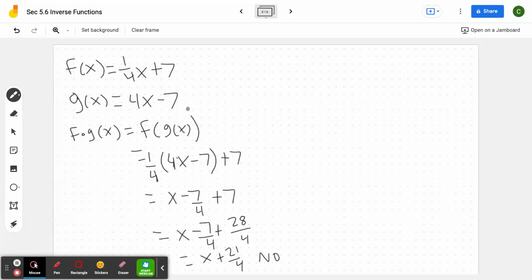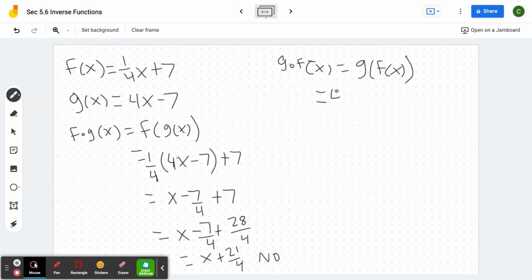And let's check the other way, where we have g of f, which equals our function g when we plug in f of x. So when we do that, we're going to take this 1/4 x plus 7 and plug it into this x here.